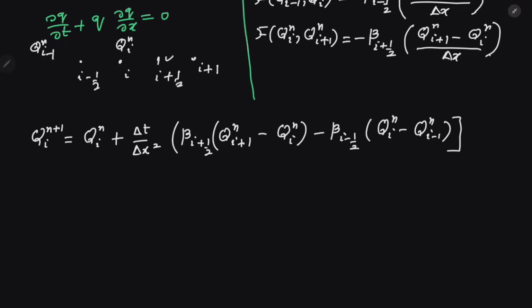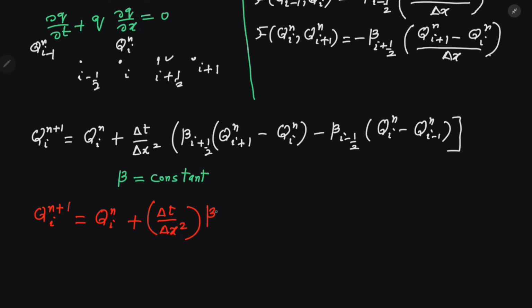If beta is constant, then we can write q n plus 1 i is equal to q n i plus delta t by delta x whole square.